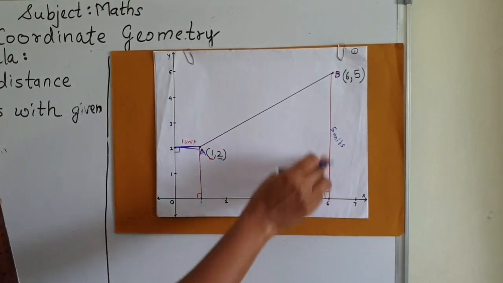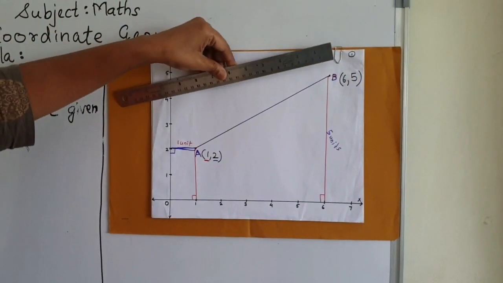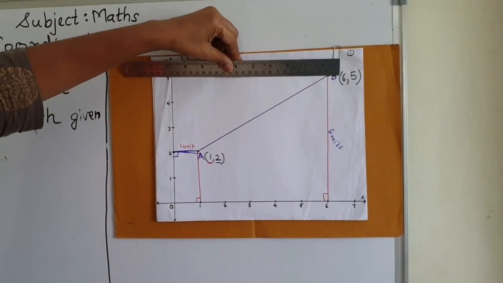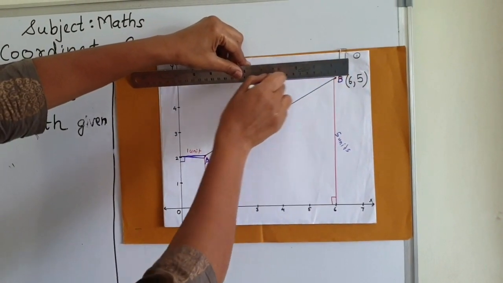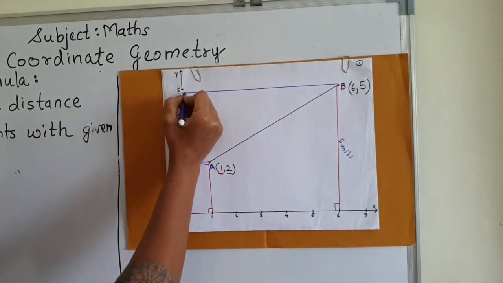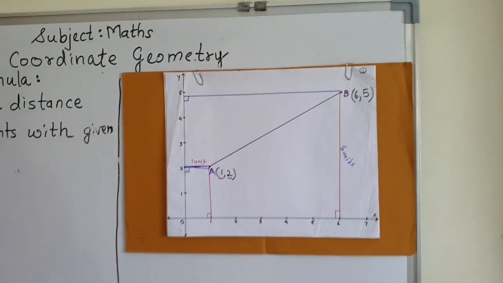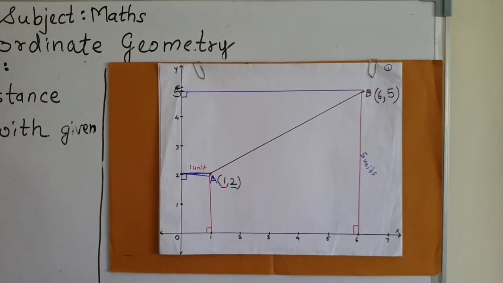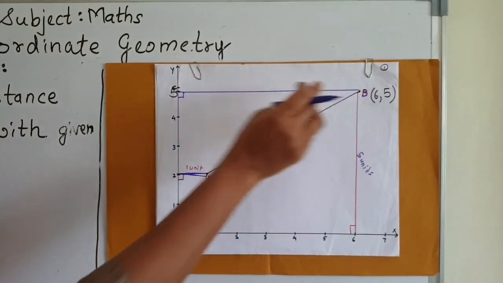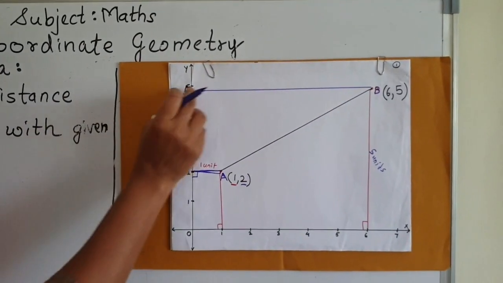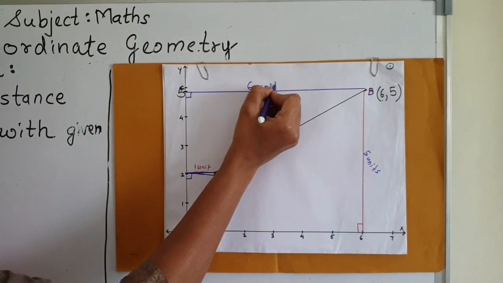That is x to B means y coordinate. And similarly here we have the horizontal distance from point B on y-axis, this is nothing but x coordinate, that is 6 units.